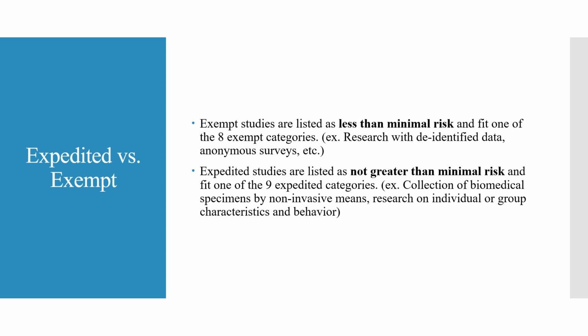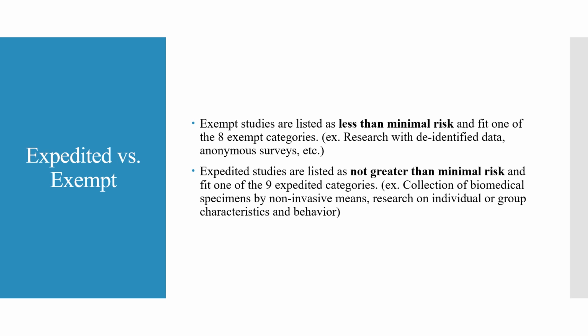Occasionally, we see some confusion between expedited studies and exempt studies. Exempt studies are listed as less than minimal risk and fit one of the 8 exempt categories. Whereas, like we just talked about on the previous slide, expedited studies are listed as not greater than minimal risk and fit one of the 9 expedited categories. So the big difference between those two is how close they get to that level of minimal risk.